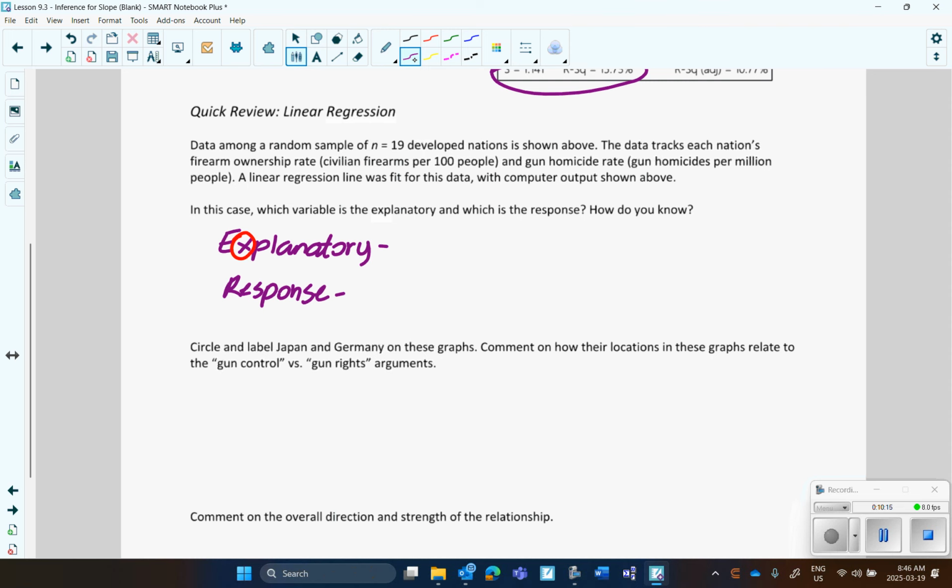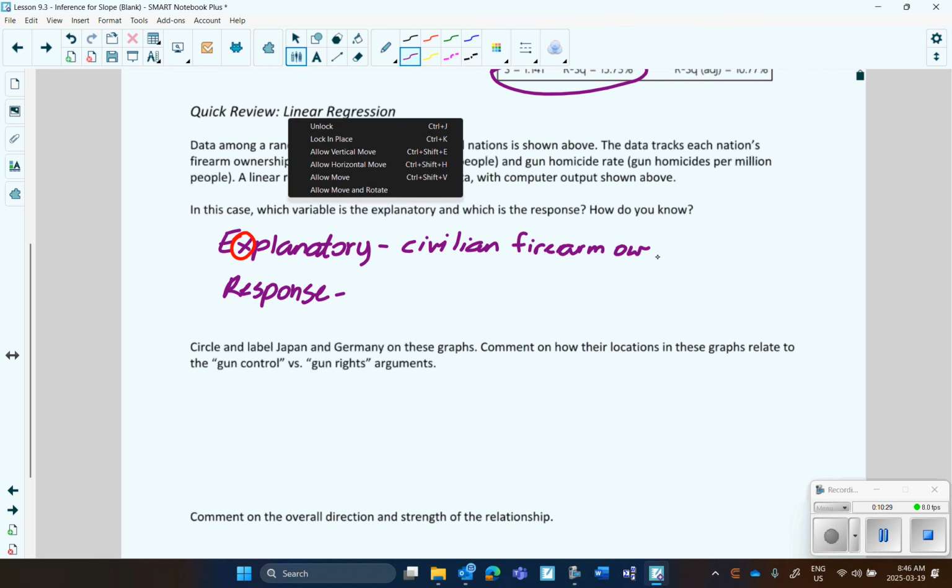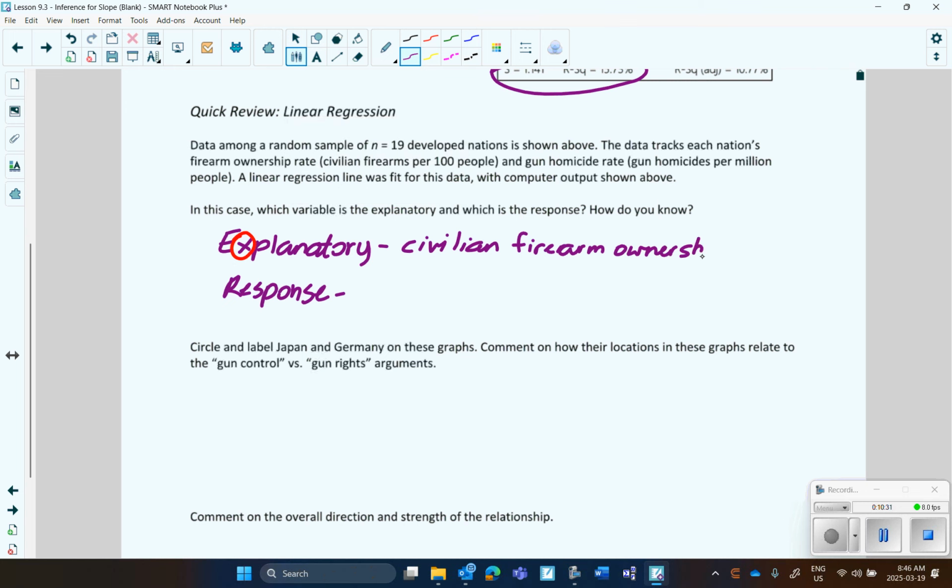So it would be civilian firearm ownership rates. And therefore, the response would be the variable on the y-axis, the gun homicide.